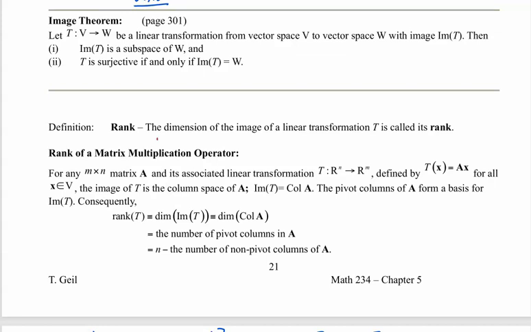If T is a transformation from V to W, a linear transformation from space V to space W, the image of V is called the image of T. The image of T is always going to be a subspace of W. T is surjective if and only if the image of T is everything in W. So if the image of T is exactly the same as W, then that's called surjective.